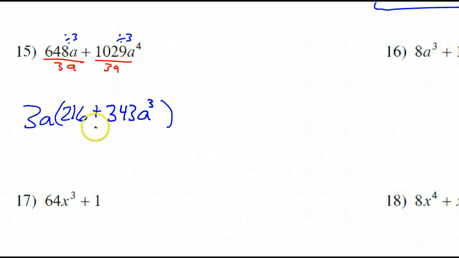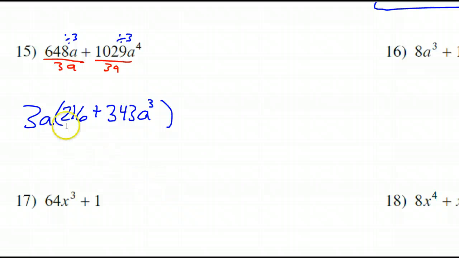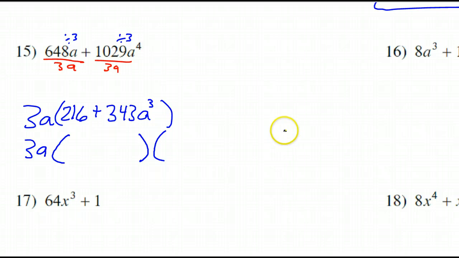So you can see, once again, I have a sum of two perfect cubes. See the 216 and the 343? There's my 216, there's my 343. So we can go from there and finish this thing up. Again, keep the 3a, it should not go away, and we'll do our binomial and our trinomial.